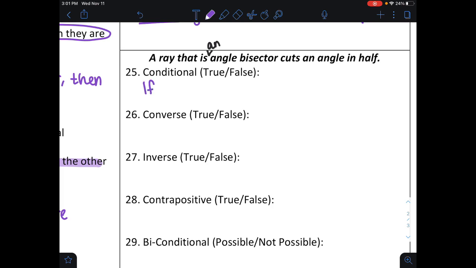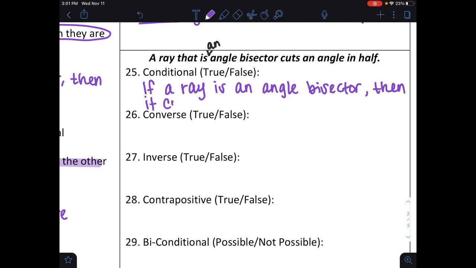If a ray is an angle bisector, then it cuts an angle in half. All right, so we just took that. That's going to be P. That's going to be Q.